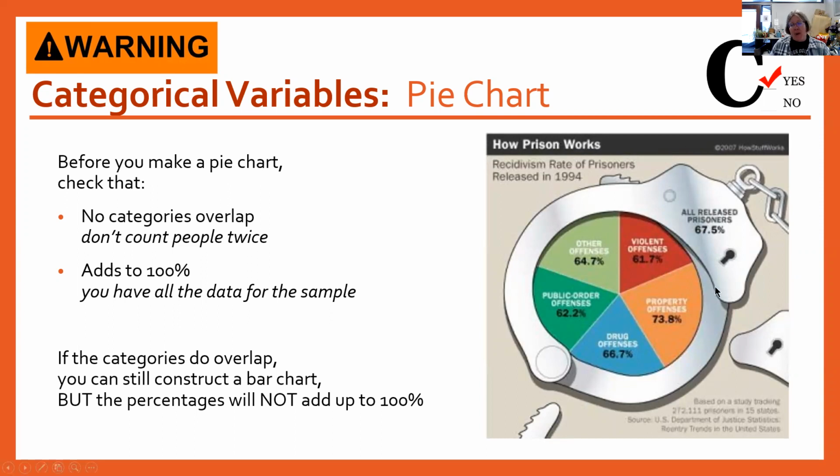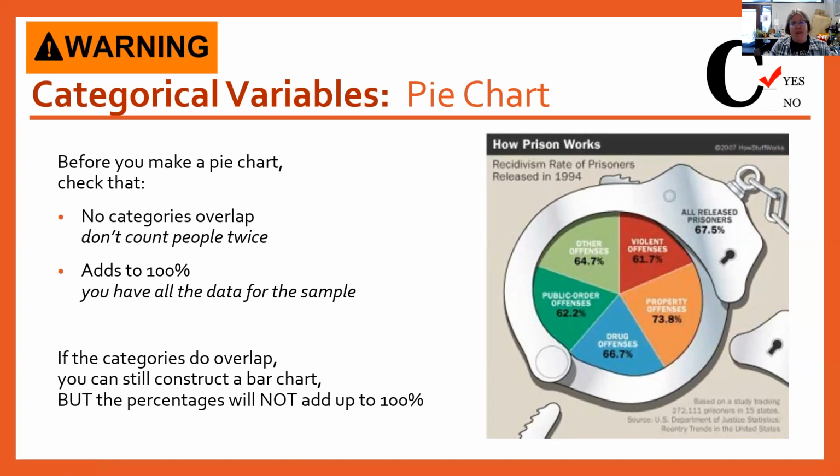Maybe the property offenses are theft or something like that. If somebody went to rob a house and had a gun or some sort of weapon with them, they could have been charged with a violent crime and a property crime at the same time. Or if they were on drugs at the time, they could have been charged with all three. That's how you end up with these categories adding up to more than 100%.